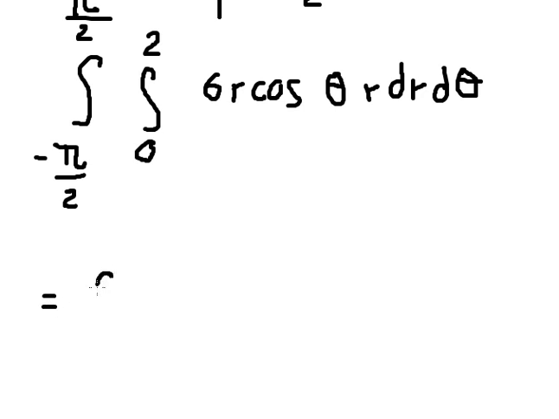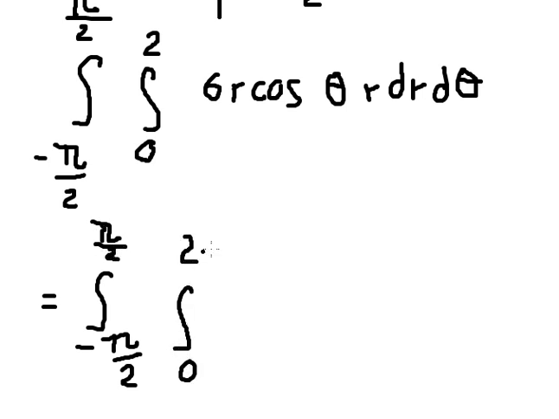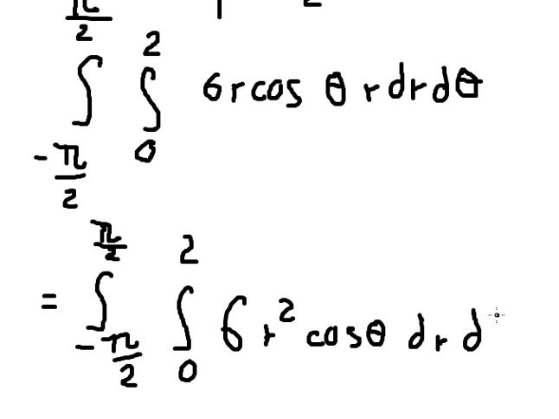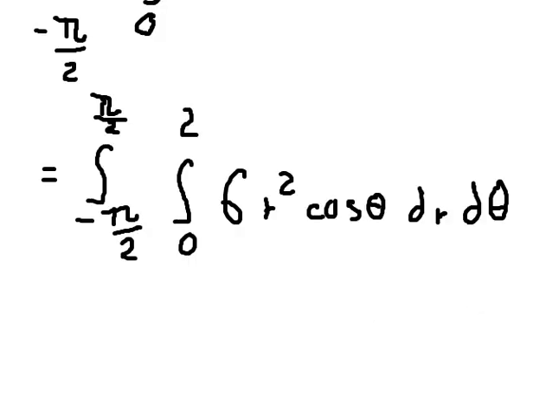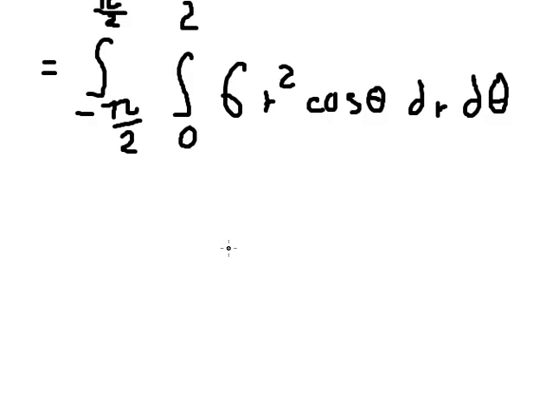So r times r, we have 6r squared. About this one, we can write it like this.